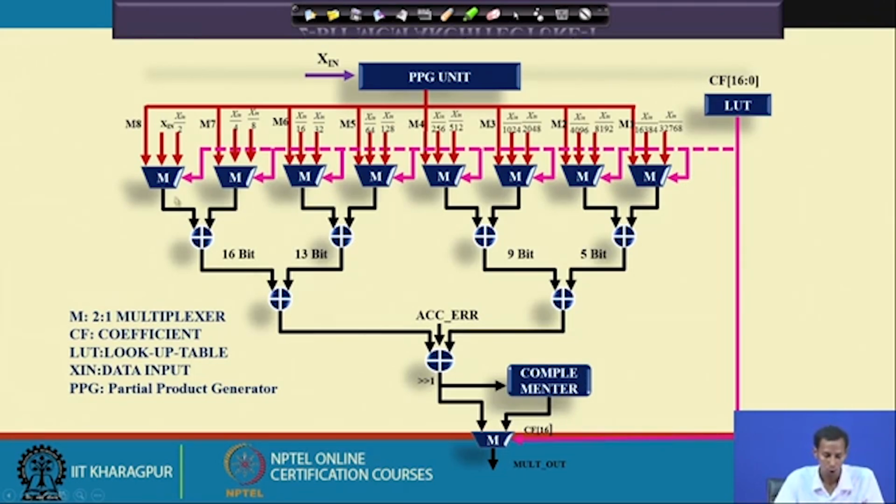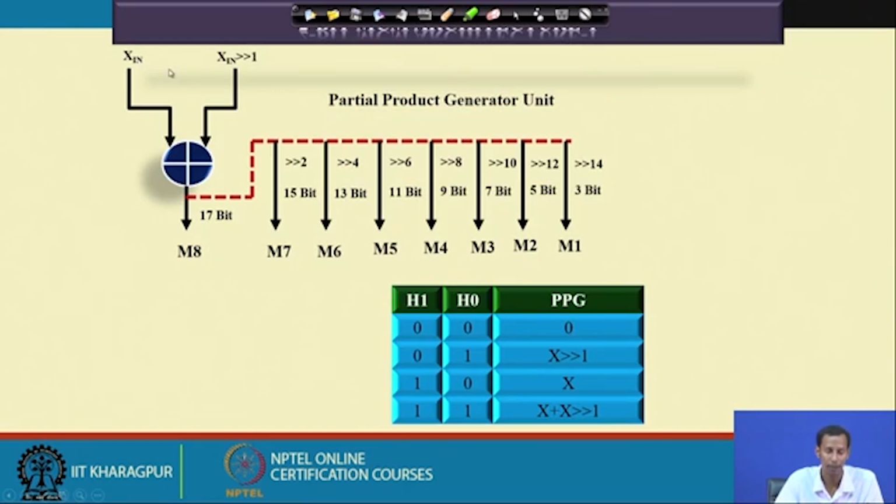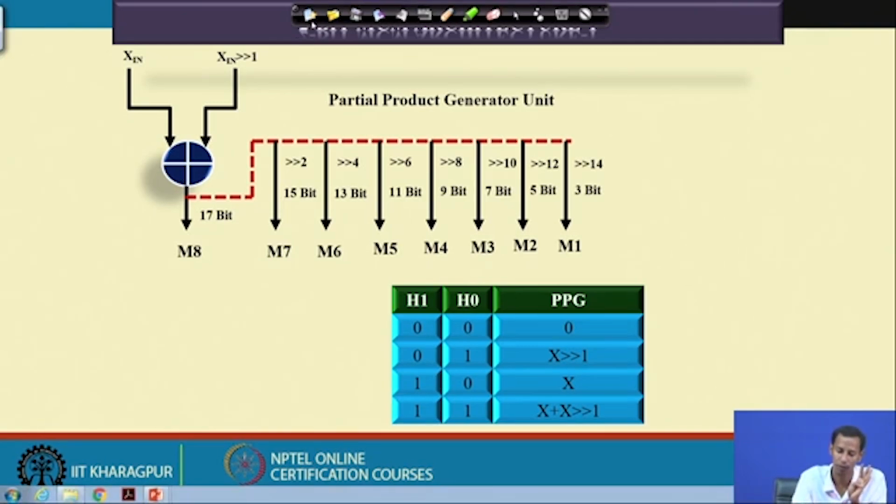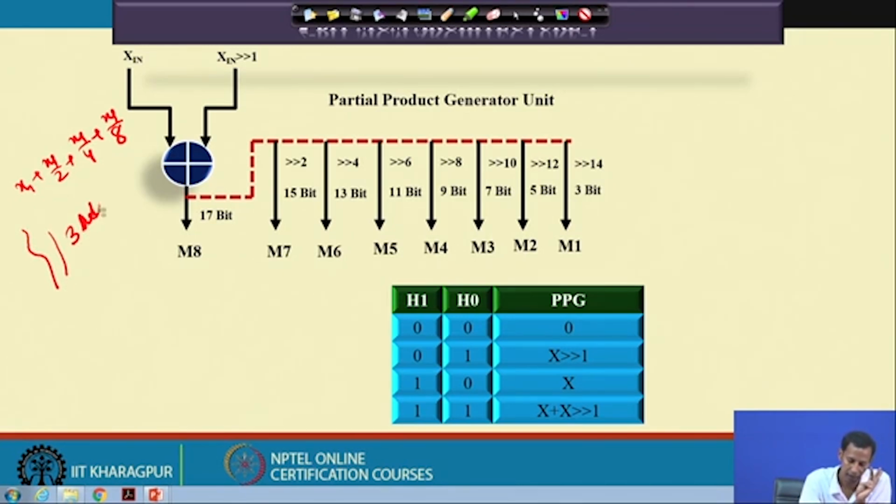If I take 2 bits, then for doing this x1 plus x1 by 2 I need only one adder, right. But if I take 4 bits, how many bits do I need to add? I need to add x1 plus x1 by 2 plus x1 by 4 plus x1 by 8. That means I need 3 adders in a chain.